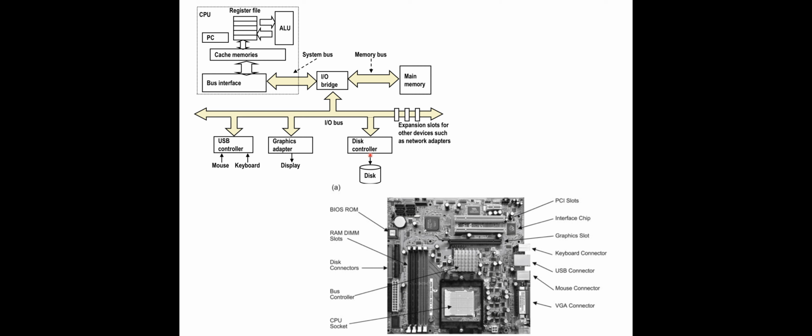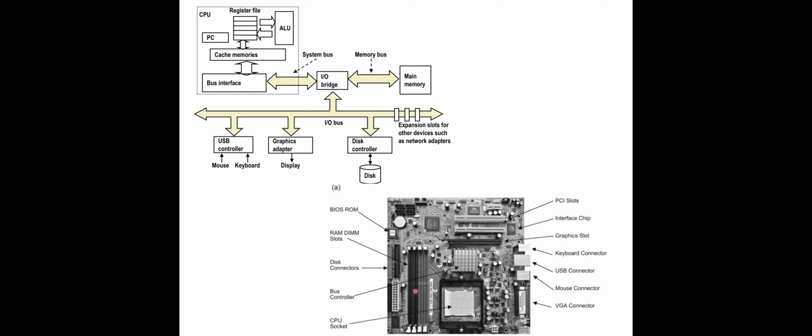So this bus controller is similar to this I/O bridge here. And then here you'll notice, here's where the DRAM slots are. So this is where the memory would be placed on this particular motherboard.